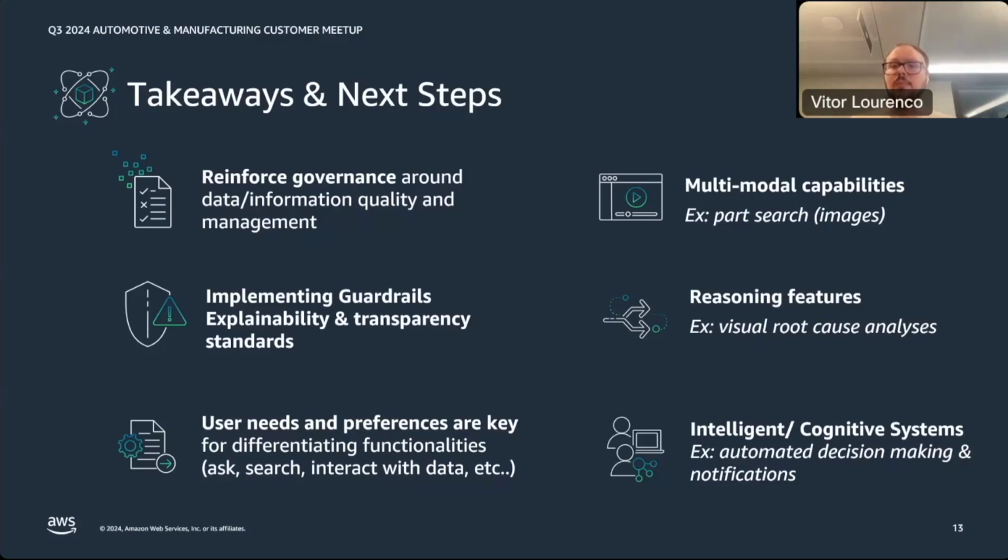As next steps, we're planning to deep dive more into those reasoning capabilities fundamental for neurosymbolic systems, where we're going to leverage inference rules and all sorts of symbolic AI that could be explainable to our users, and also provide, within this scope of multimodal capabilities, visual root cause analysis that will help our users to get a more interpretable answer from our system.